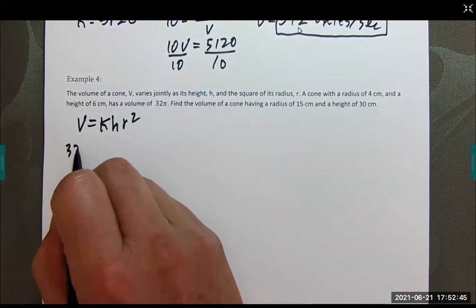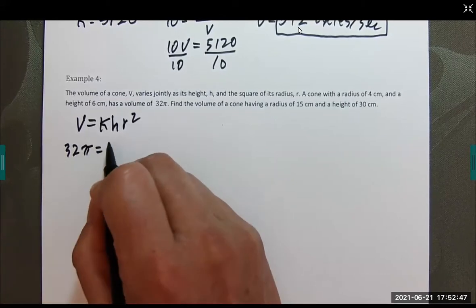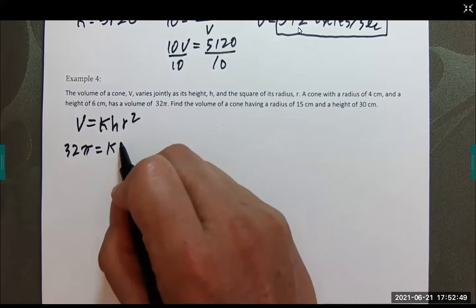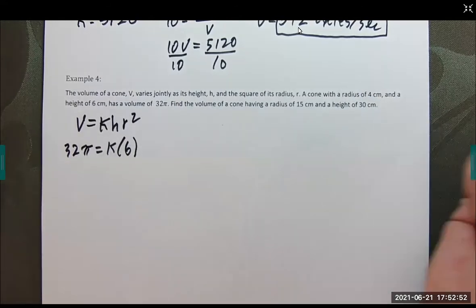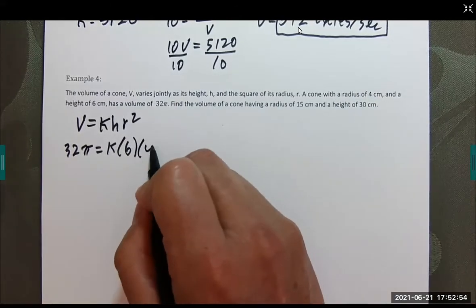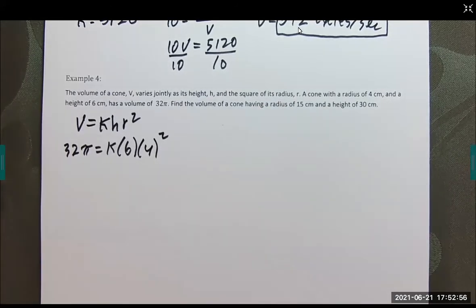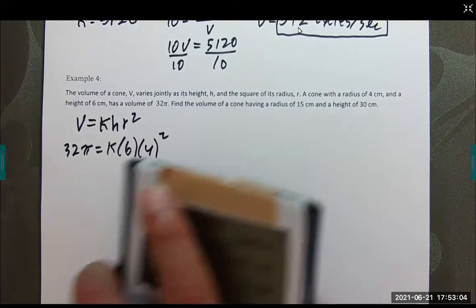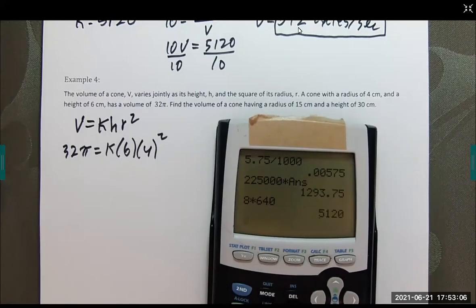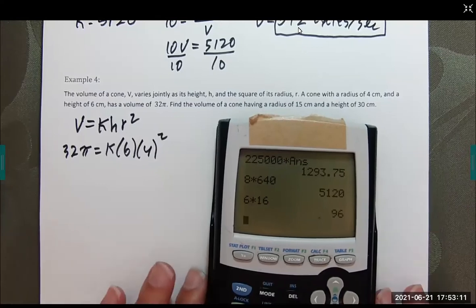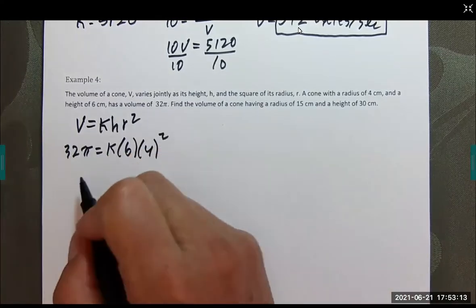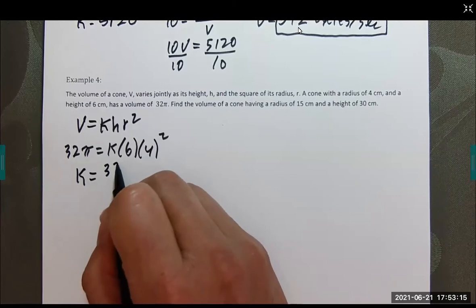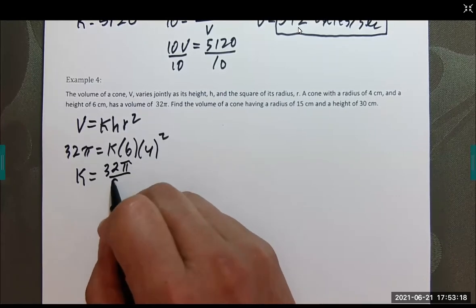So 32 pi equals k times the height, which is 6, and the radius, which is 4 squared. And so we get 6 times 16. So 32 pi over 96 is what k is.